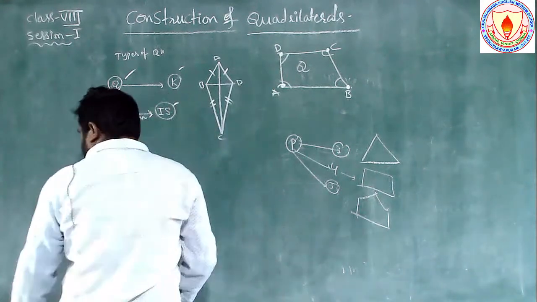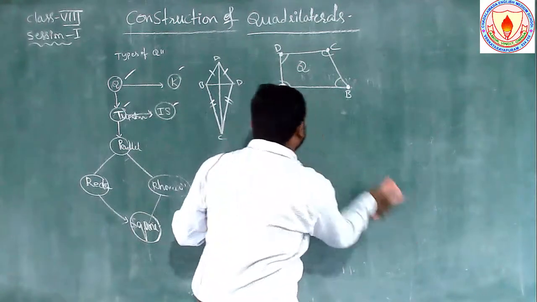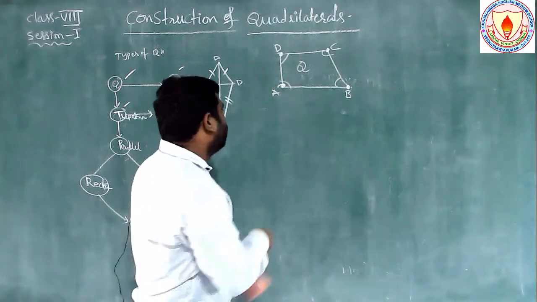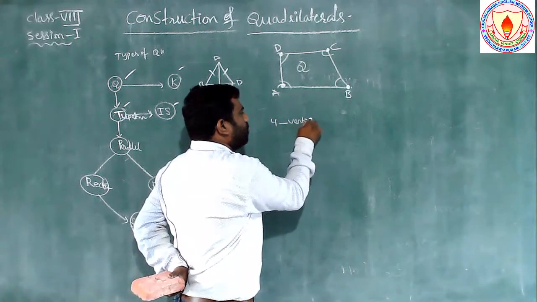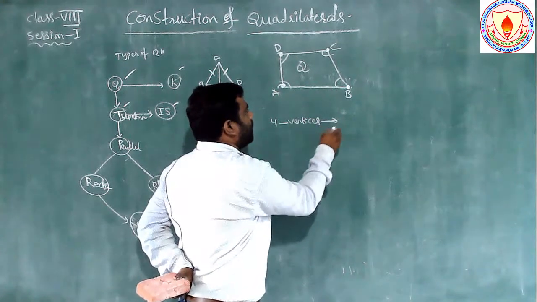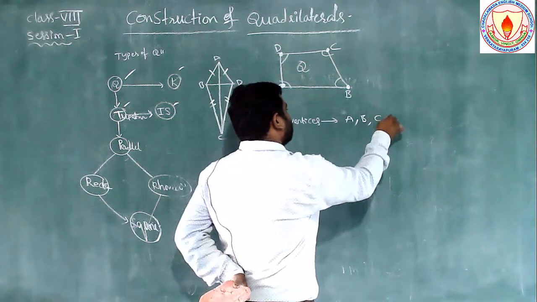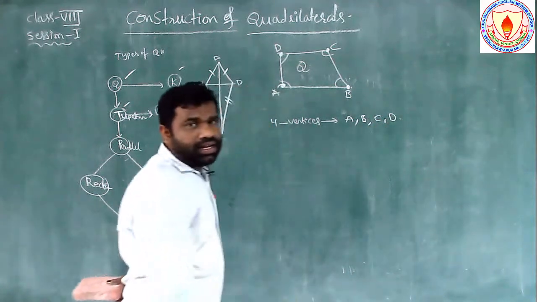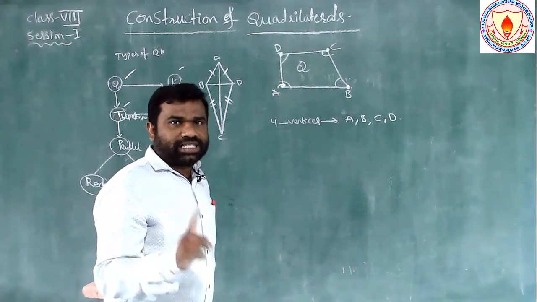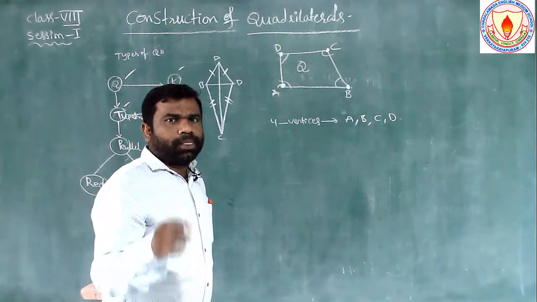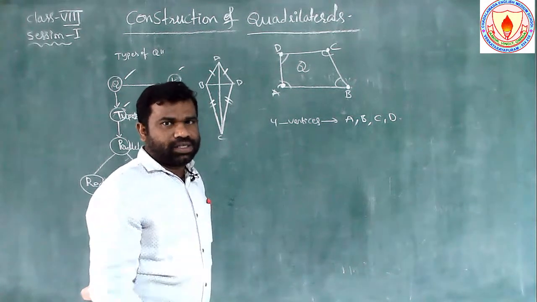Parts of the quadrilateral. Four vertices: A is one vertex, B is one vertex, C is one vertex, D is the final vertex. Singular is vertex, plural is vertices.